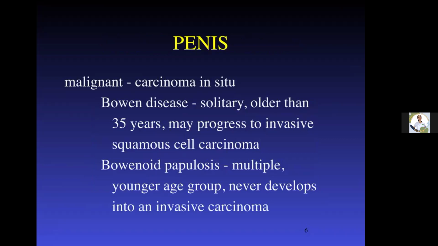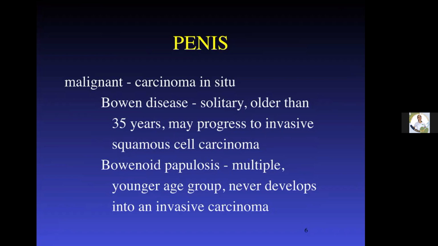Malignant tumors can be in situ or invasive. Your carcinoma in situ, which is termed your Bowen disease, is solitary and occurs in patients older than 35 years of age, and this kind of carcinoma in situ may progress to an invasive squamous cell carcinoma.